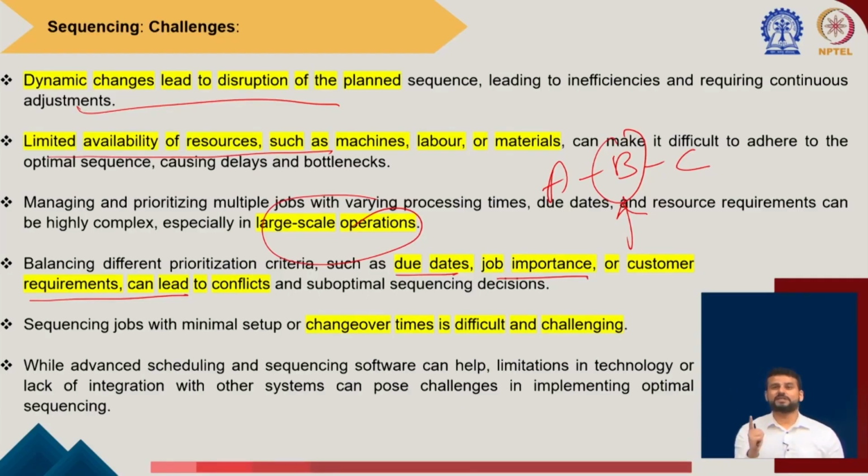However, the customer who benefits from job B is a very frequent, loyal, regular customer, and the revenue I am generating from that customer is high, and I am not considering those things. These are not considered in this sequence. Sequencing jobs with minimal setup or changeover time is also a problem. If you frequently change jobs from one station to another, that is a problem.